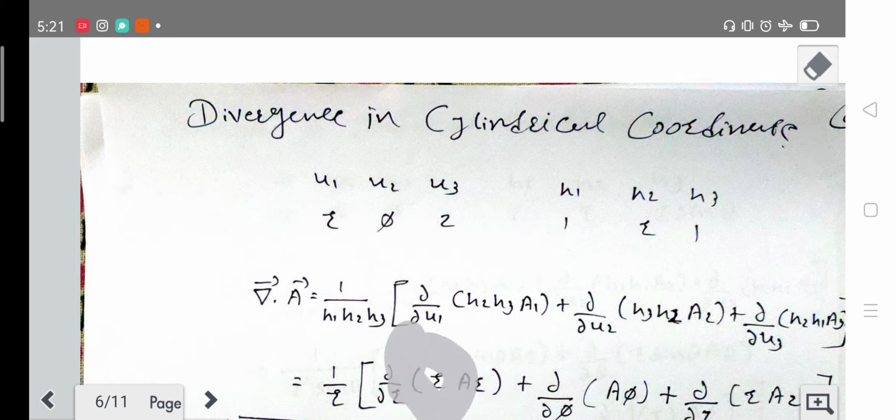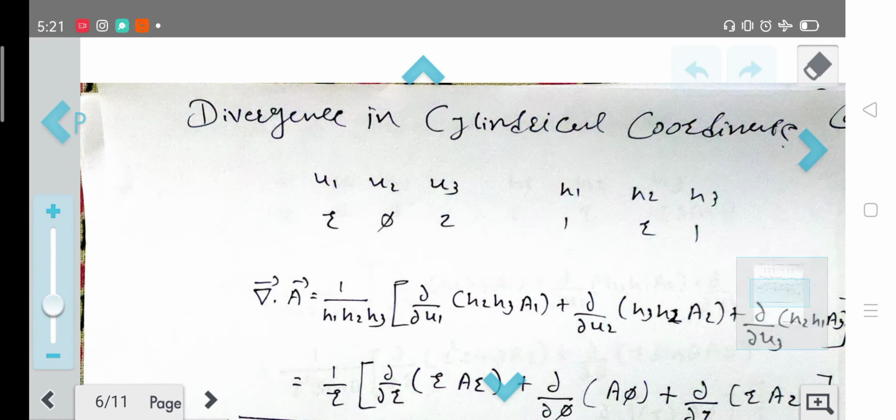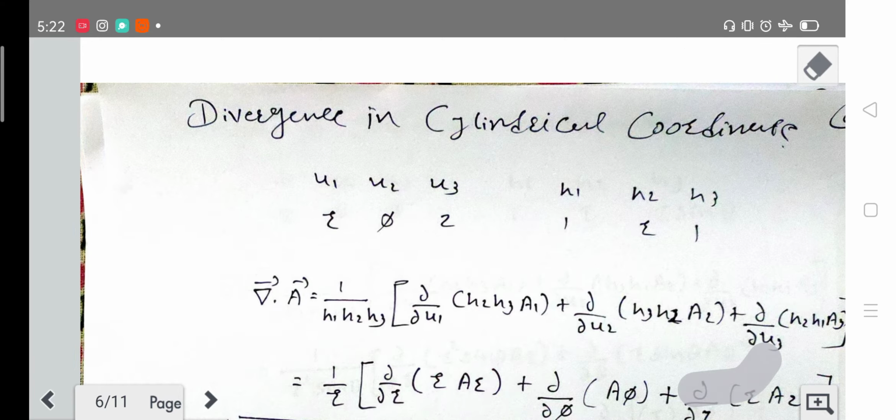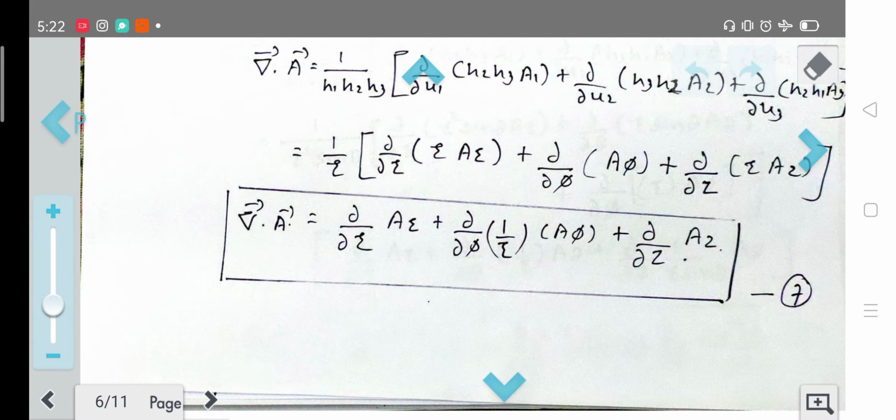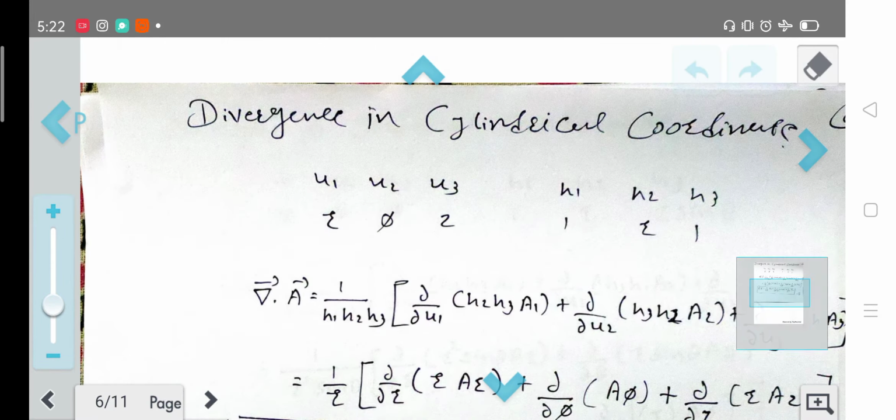So we will have here the value r, and this is the r component of A. Here we will have del by del phi of the phi component of A plus del by del z of r times the z component of A. So we have already got the divergence of vector quantity A in cylindrical coordinate system.